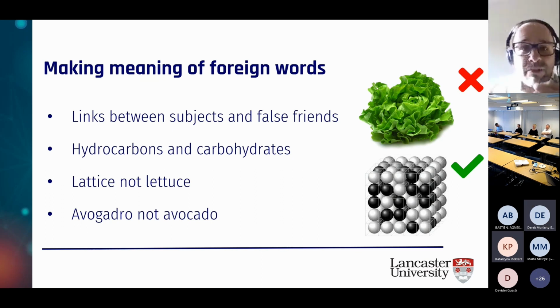And in science, we'll be teaching something else, and that might prove to be difficult. So linking subjects with different meanings might get young people confused.